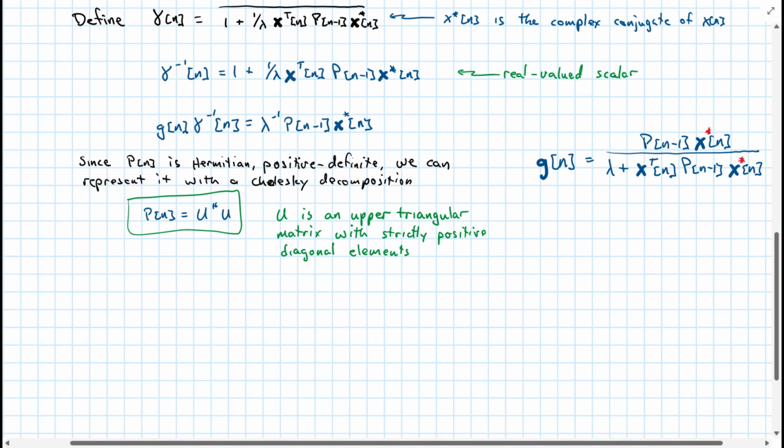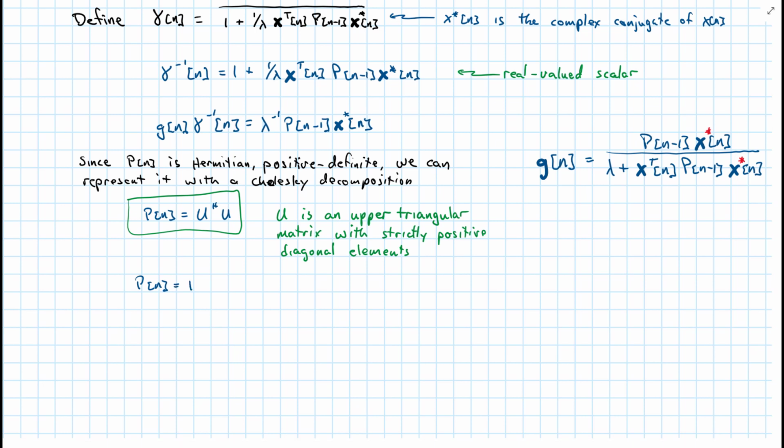So we can think of this as essentially P of n is equal to P 1/2 of n times P to the 1/2 of n Hermitian.